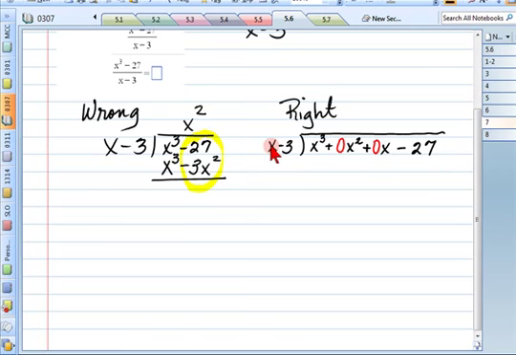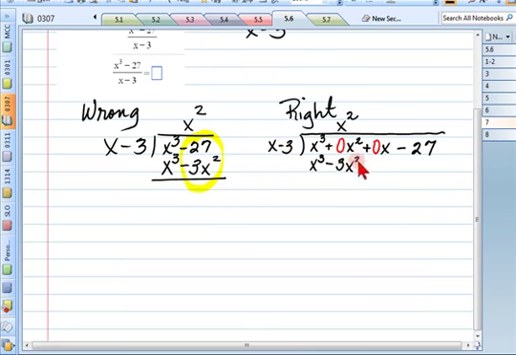What do you have to multiply x by to turn it into x to the third? X to the second. Now when I do it, x to the second times x is x to the third. X to the second times negative 3 is negative 3x to the second. In my previous wrong problem, there was an issue. I'm quite pleased with it now.